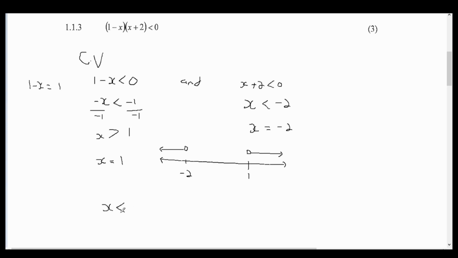So everything where x is less than minus 2, and where x is greater than 1. So all the x values that we use will result in a negative here, it will be a positive in between this range, and a negative on this side. And that's pretty much it.